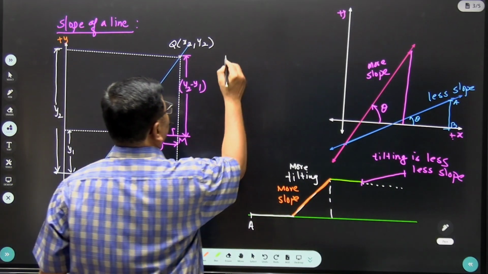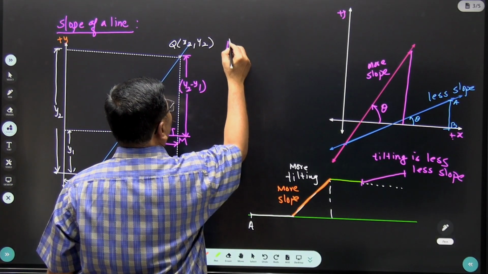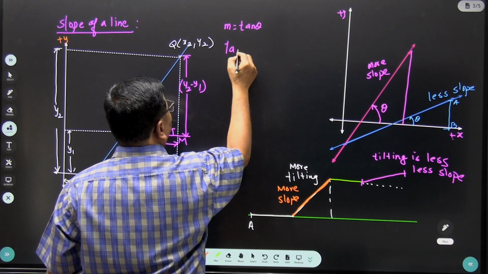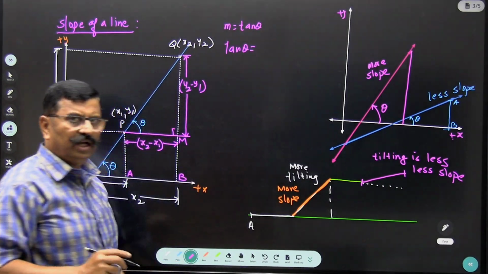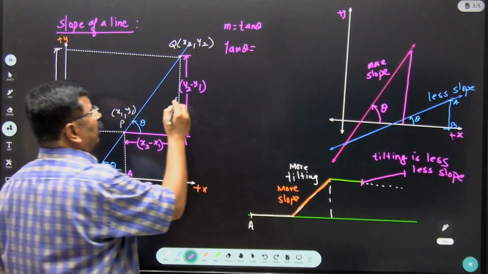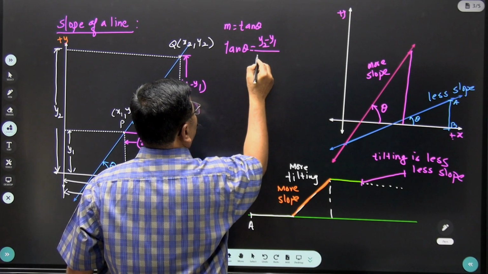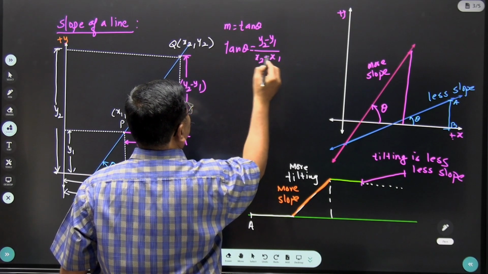Then what is the formula for the slope? The slope of a line is given by tan theta, and the value of tan theta is y2 minus y1 upon x2 minus x1.